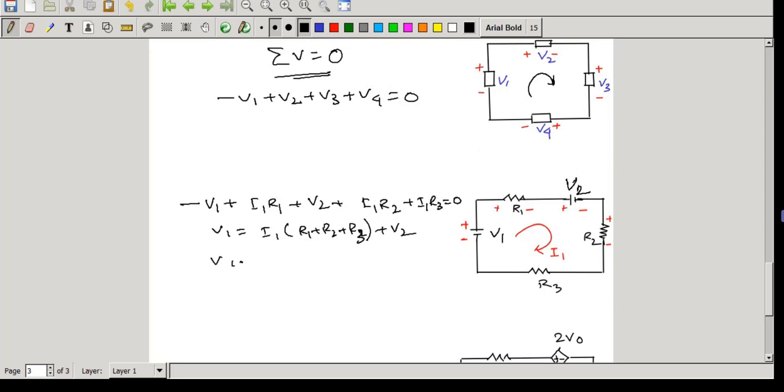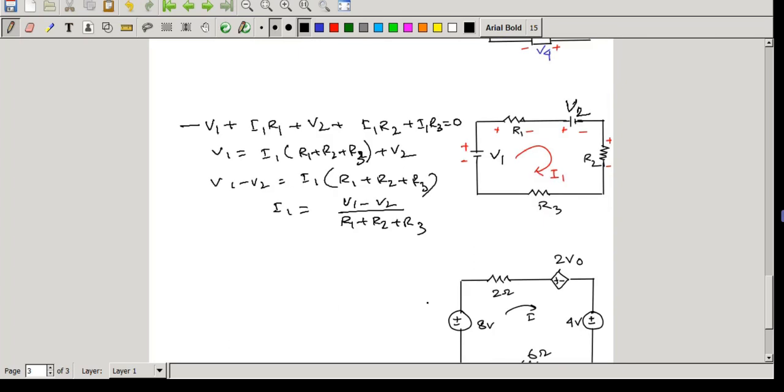Or we can write V1 minus V2 equals I1 times R1 plus R2 plus R3, or we can write I1 equals V1 minus V2 divided by R1 plus R2 plus R3. Using this formula, we can find the total current inside this circuit. If we know the voltage value, the V2 value, and the three resistance values, then we can easily calculate the current.